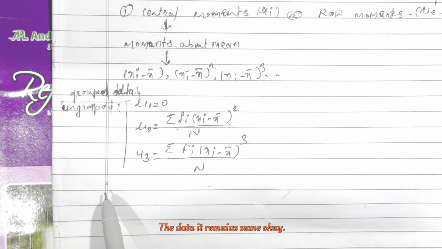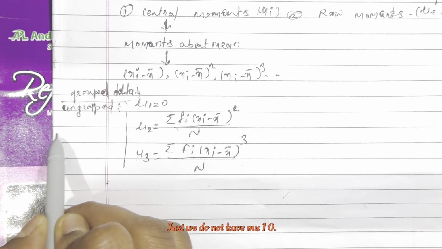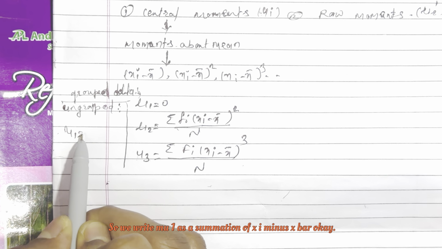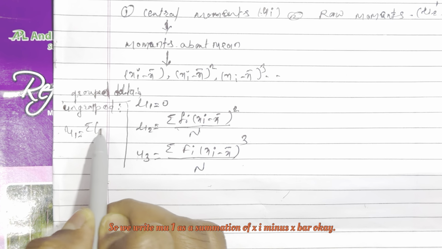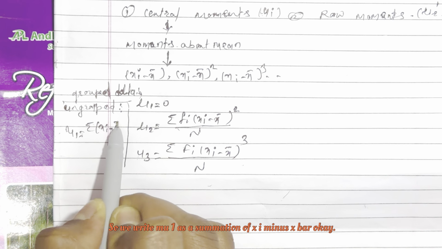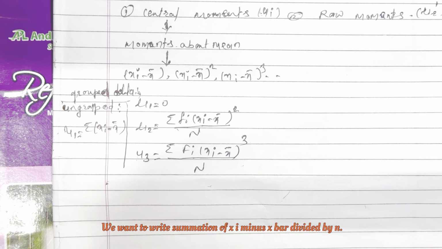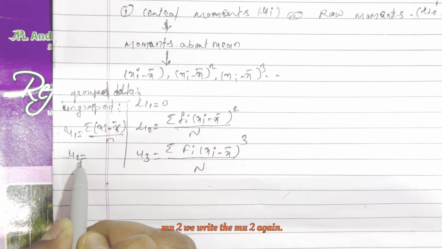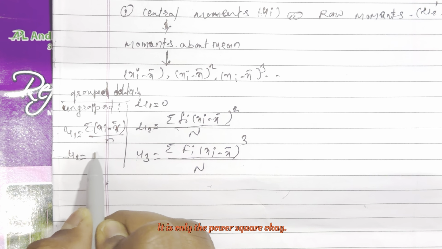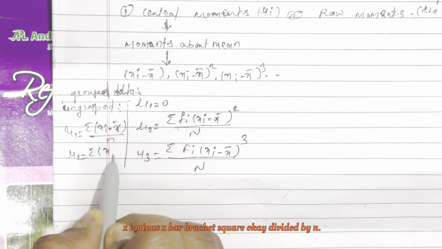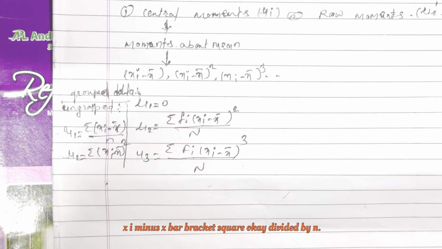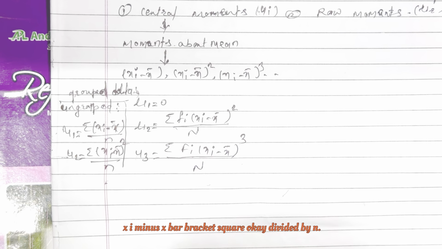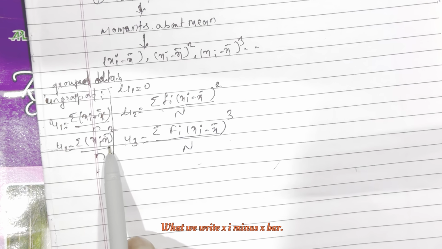The data remains the same, but we don't have mu1 as 0, so we write mu1 as the summation of xi minus x bar divided by n. Mu2 again only has the power square: xi minus x bar bracket square, divided by n.